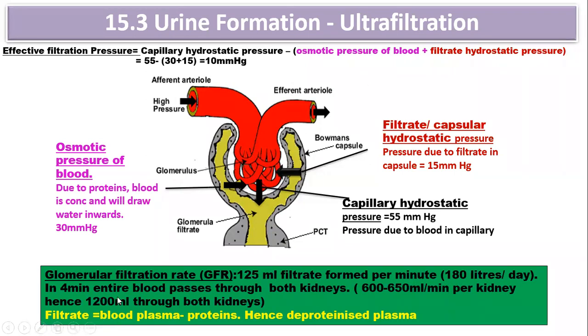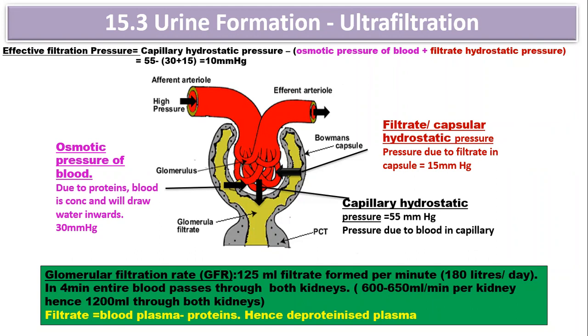In 4 minutes, the entire blood passes through both the kidneys, because it is 600 ml per kidney, so approximately 1200 ml for both kidneys. So 1200 ml into 4 becomes 4800 ml, which is approximately 4.8 liters, and in your body we have 5 liters of blood. So filtrate is nothing but blood plasma minus protein.